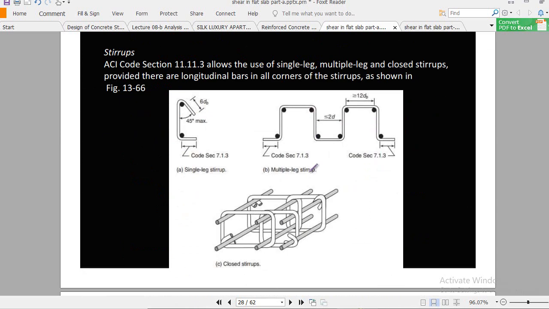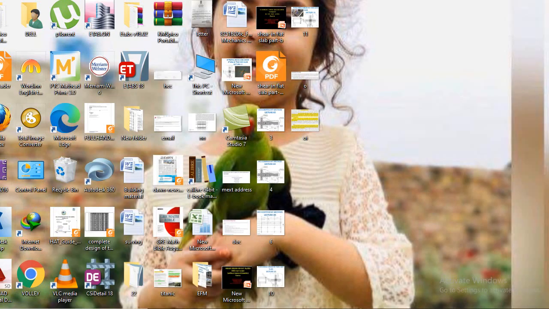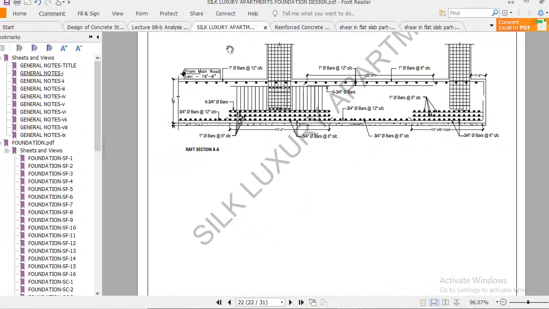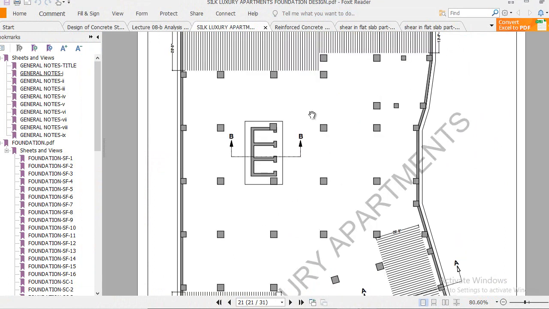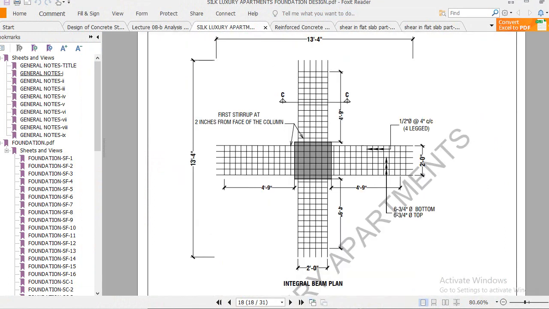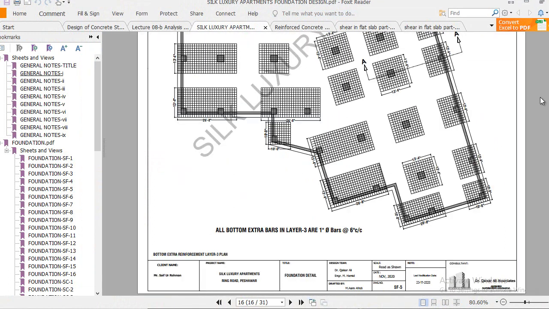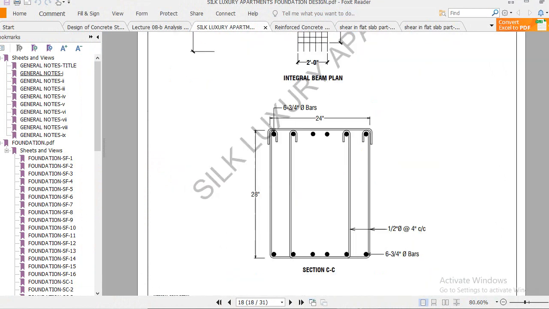Remember, if you are providing an integral beam, I already explained the design criteria of the integral beam in those lectures, but this is some extra ACI code sections. Now you see, if you are providing shear reinforcement, as you see in this diagram, integral beams have certain ACI sections.